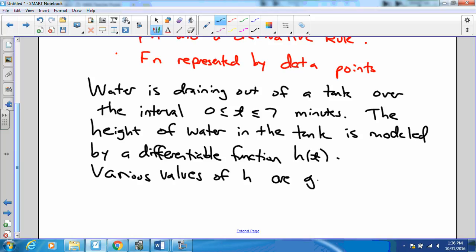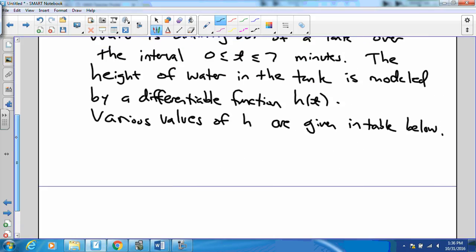Various values of h are given in the table below.